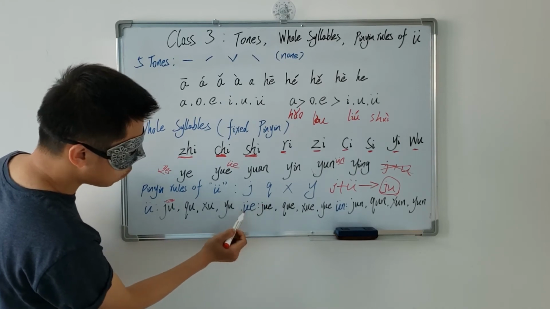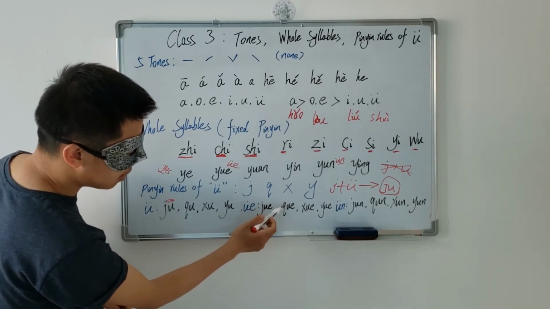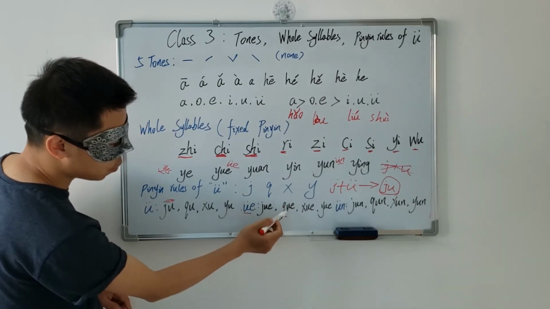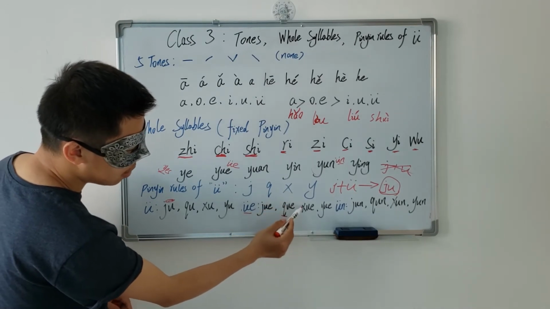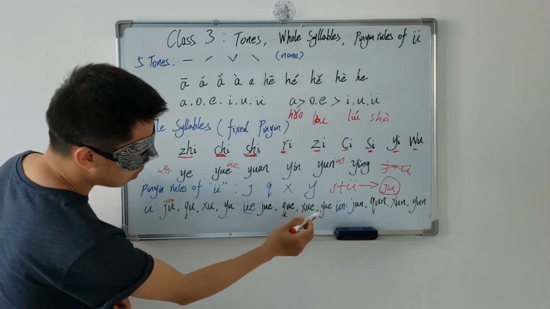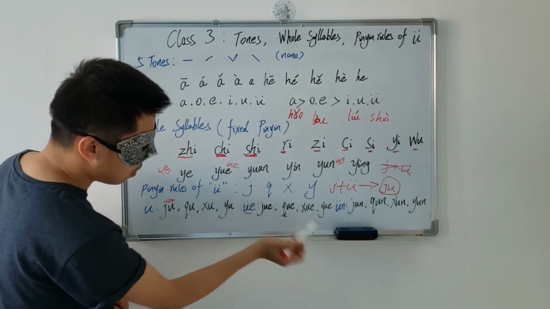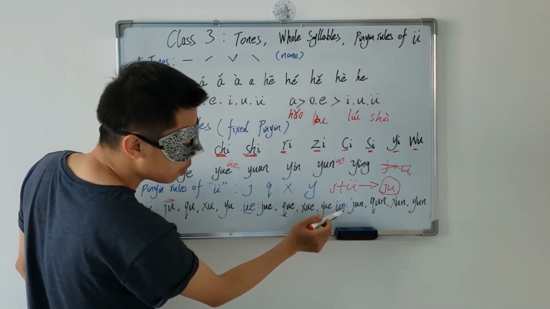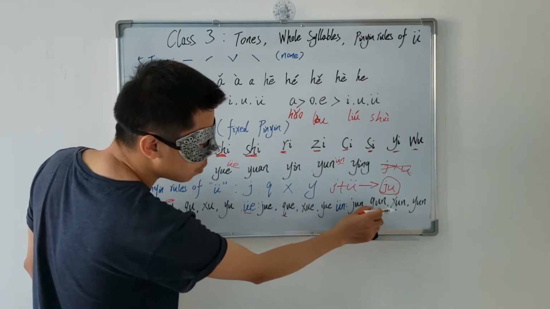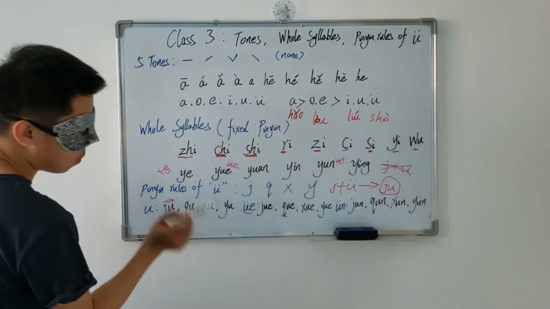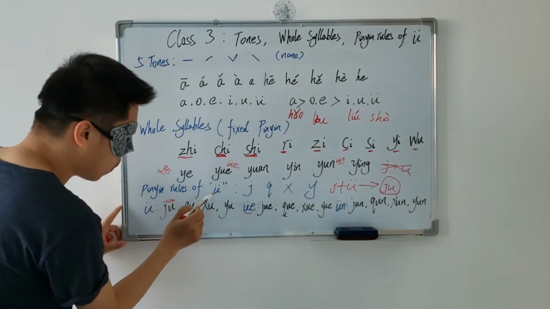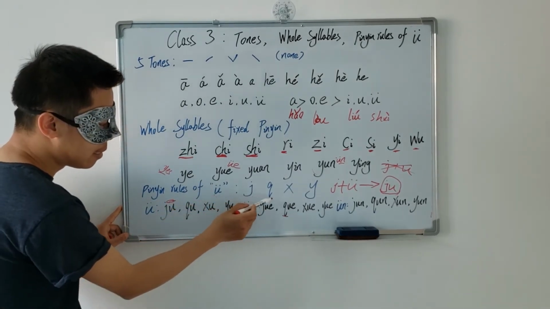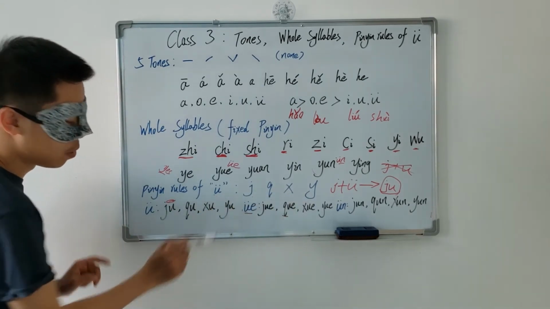The G plus yue, you take off the 2 points. The qi plus yue, and que, you take off the 2 points. The xi plus yue, and the yi plus, the same, like jun, yun, qun, xun. So just memorize: when you put yu together with ji, qi, xi, yi, you take off the 2 points.